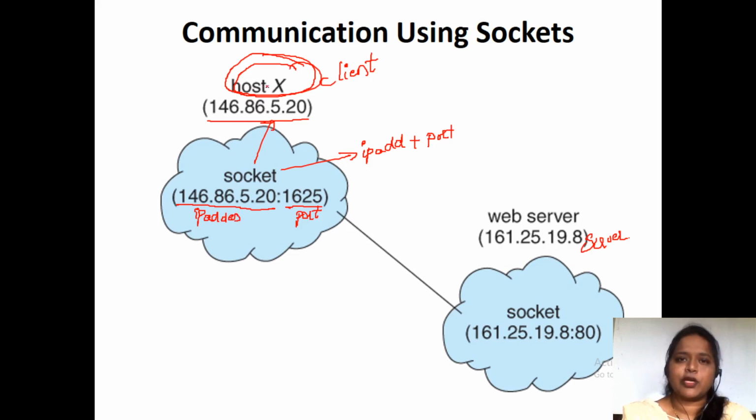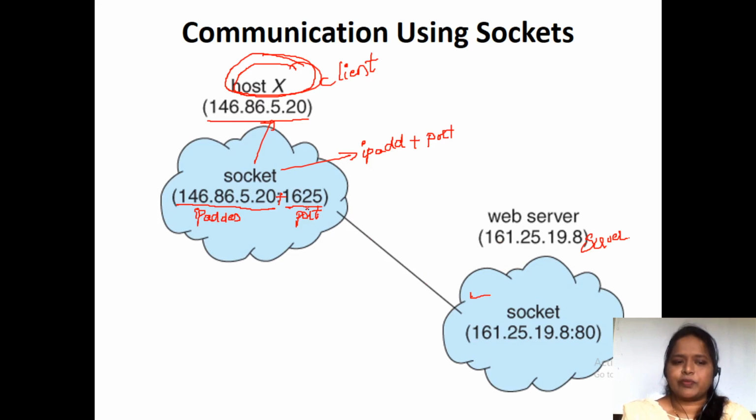So here we have only the IP address for the particular client. When we make use of sockets, along with this IP address, the socket is going to add the port number. Without a port number, we can't communicate with this server.